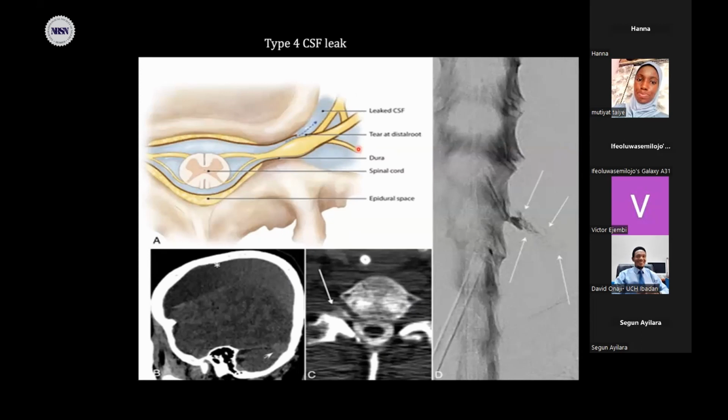So such patients, you need to do a decubitus. The patient has to lie on the side, and you may have to be repeating the procedures just to pick them. If they are intermittent, then you are not going to get them that easily. So we see again a DSM which shows the leakage through a type 4 tear of the dura.